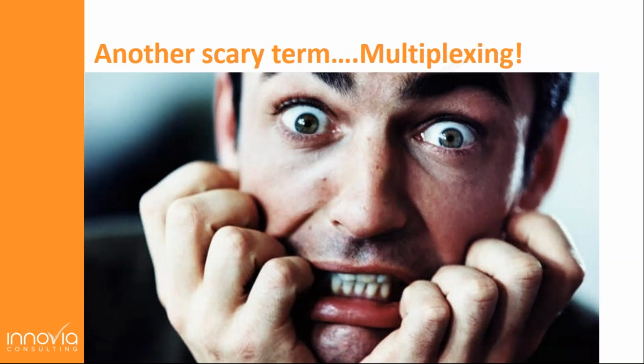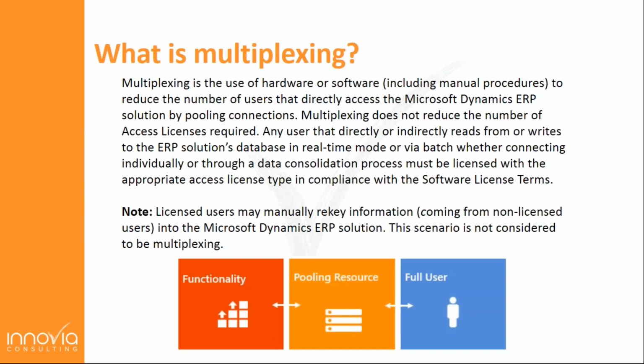And as it relates to licensing, some of these terms jump out. Multiplexing is another scary term. We started talking about external users. Now, multiplexing is a term that, if you're not in the licensing world, maybe doesn't make sense to you. But what is multiplexing? Multiplexing is the use of hardware or software to reduce the number of users that directly access NAV.